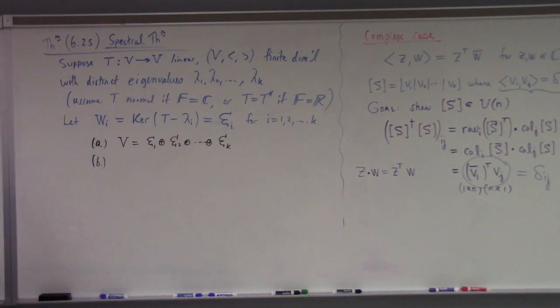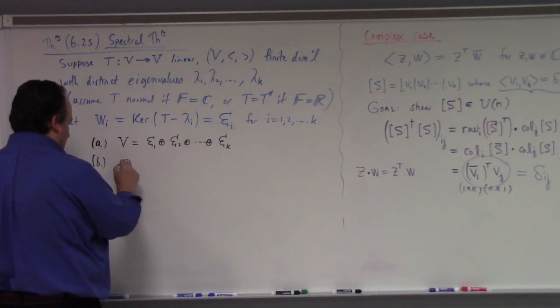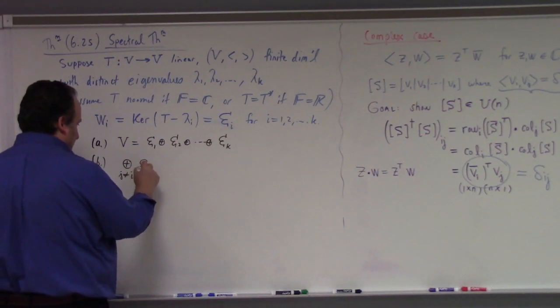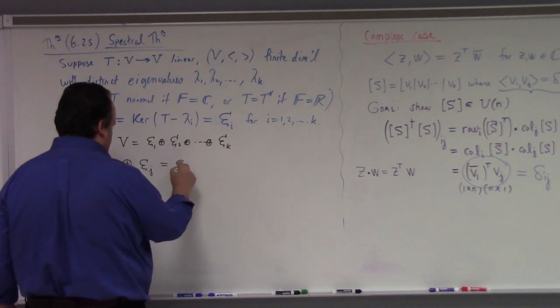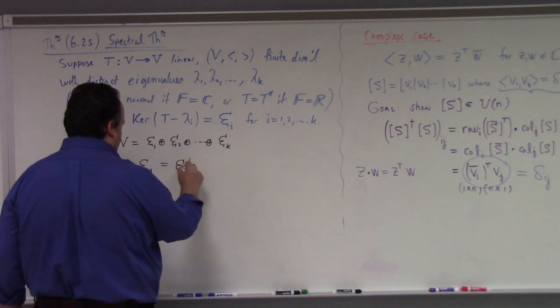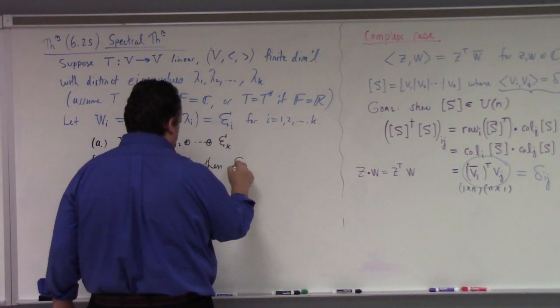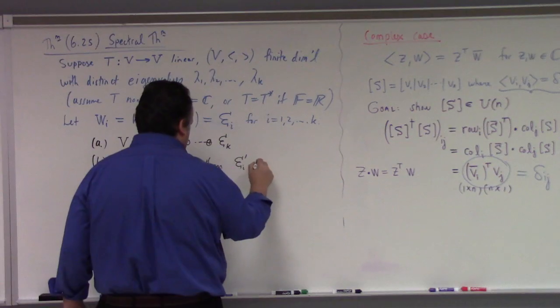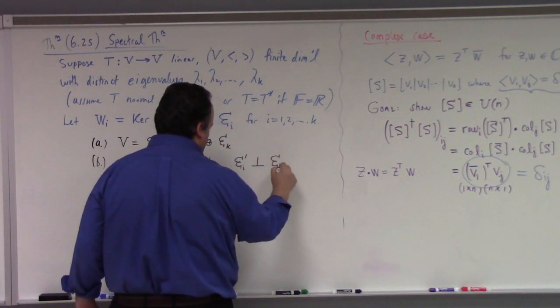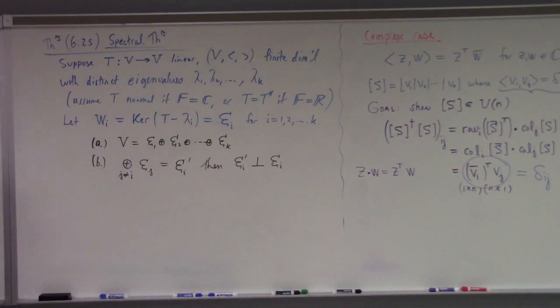Part B: if you have the sum, let's say over j not equal to i, of E sub j, equal to E sub i prime, then E sub i prime is perpendicular to E sub i. What I'm saying is the sum of every eigenspace except for the ith one is perpendicular to the ith one.